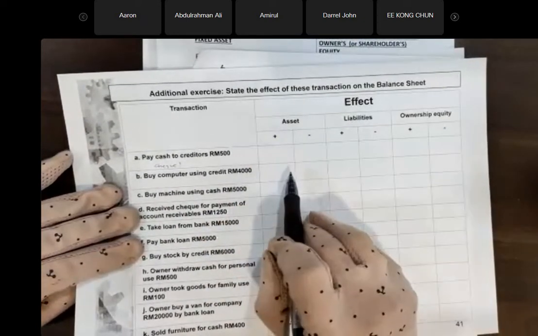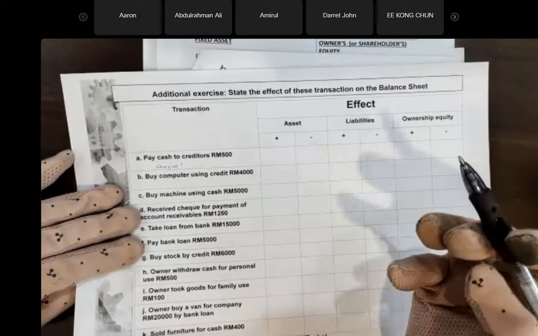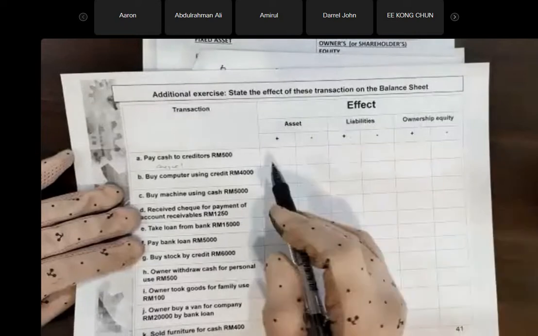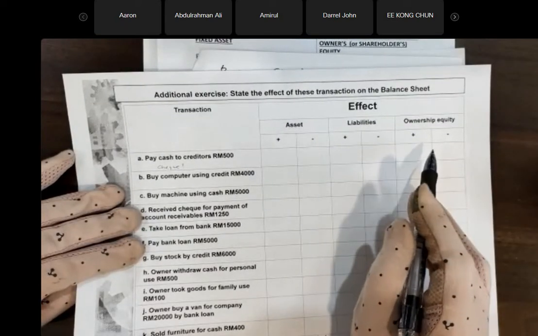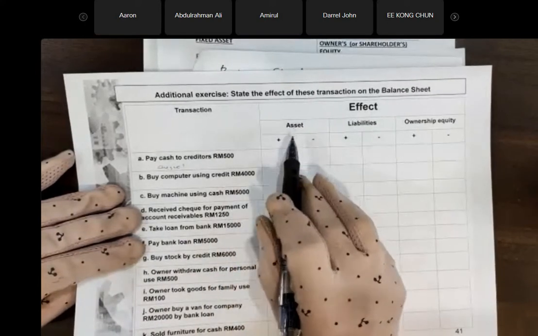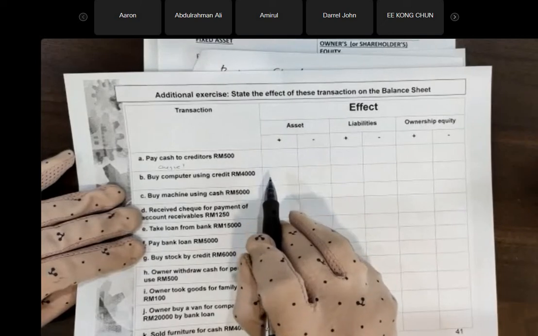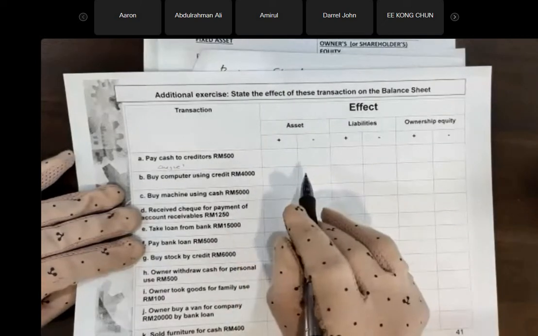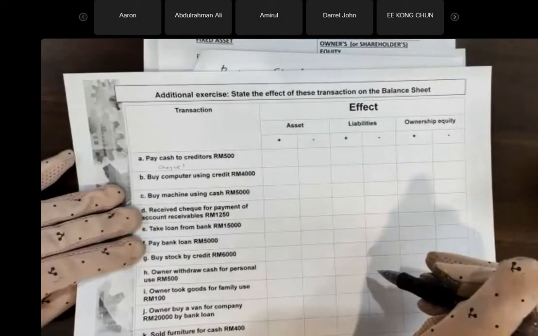But normally when you use this table, it is quite slow to think which one is asset, liability, or the equity. And also normally I want to see which type of asset. Is it current asset, fixed asset, and what is the name? So that means here it is not accurate.